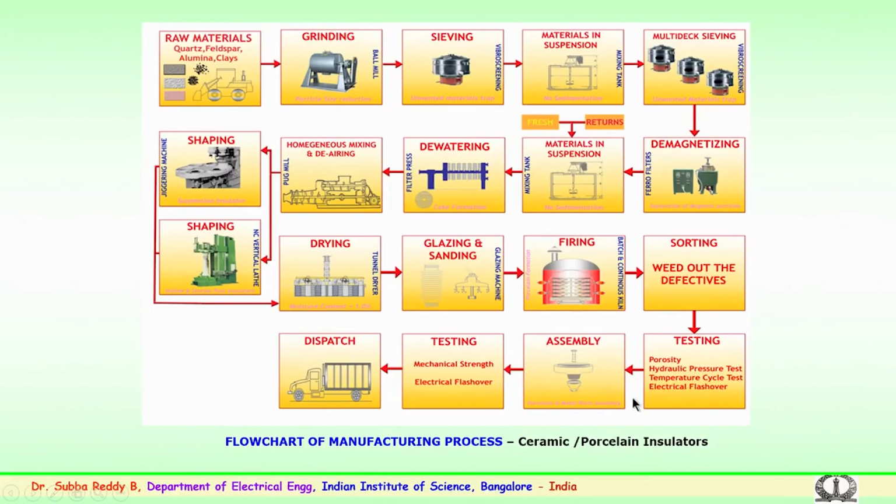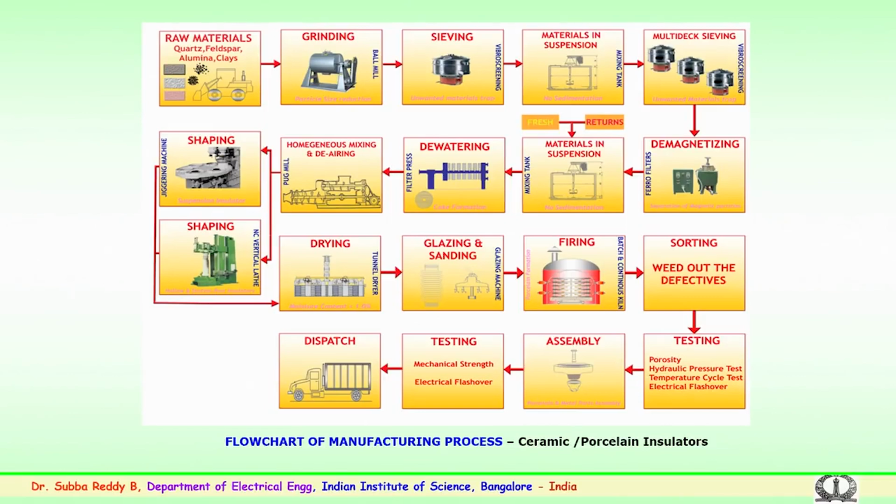Further, after the assembly, the mechanical and electrical flashover tests are carried out. So, this involves the factory testing for both mechanical and electrical. Here the mechanical tests depend upon the insulator strength, for a typical creepage and a typical usage. The mechanical strength could be 70 kilonewtons, 90, 120, 210, 420. So, depending upon the mechanical strength required, the insulators are manufactured.